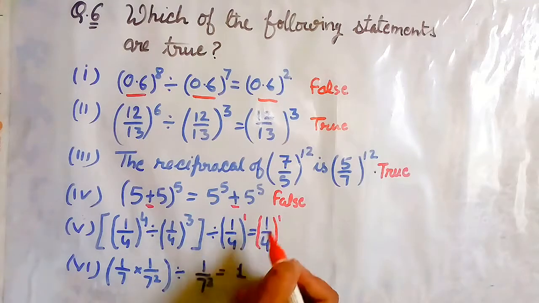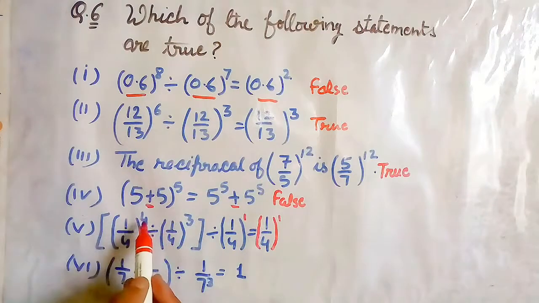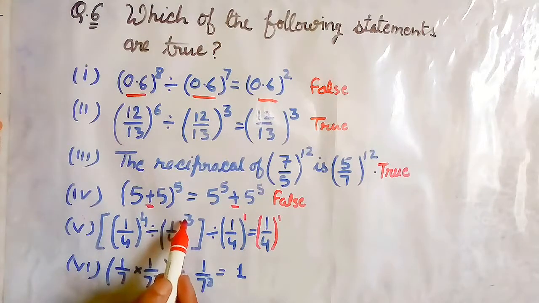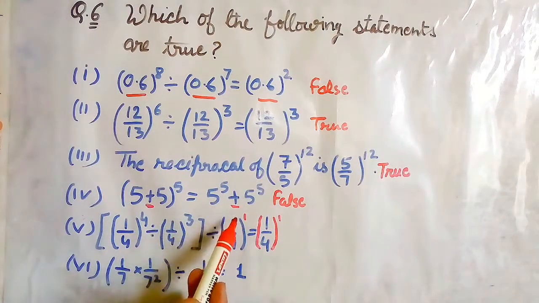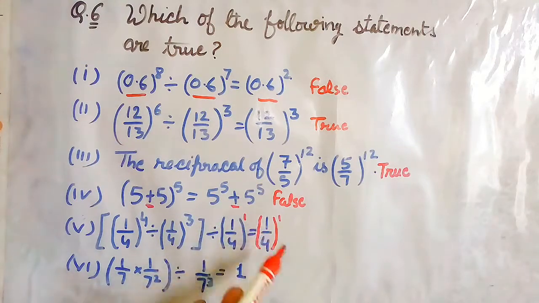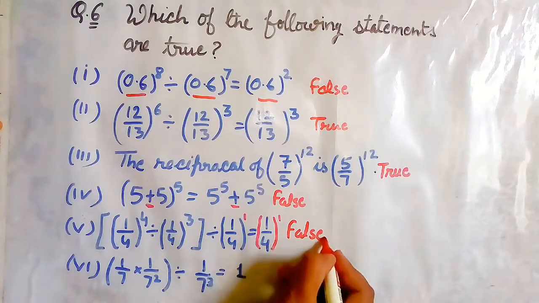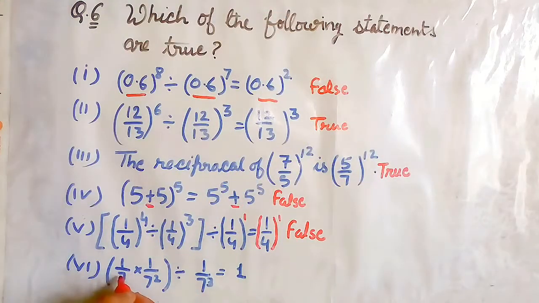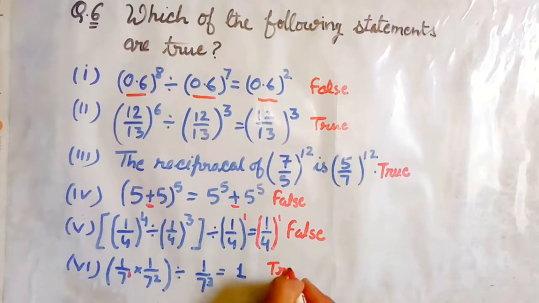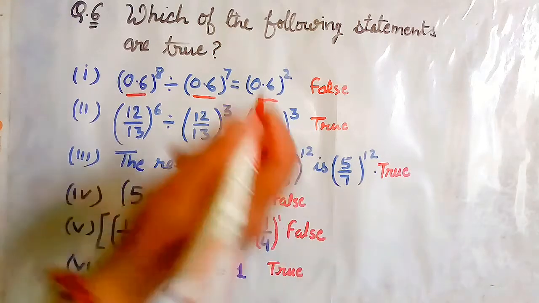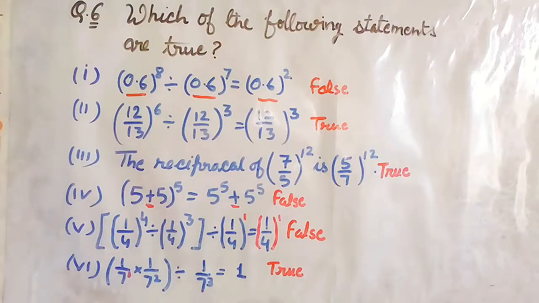In the next part also bases are same, where power is nothing you can put 1, so see left side, 4 minus 3 is 1 and 1 minus 1 will be 0, but on the right side the power is 1, so it means it is false. In the last part also the bases are same, see the powers only. So 1 plus 2 is 3 and 3 minus 3 will be 0, and any number raised to power 0 is 1. You know it, so this will be true.